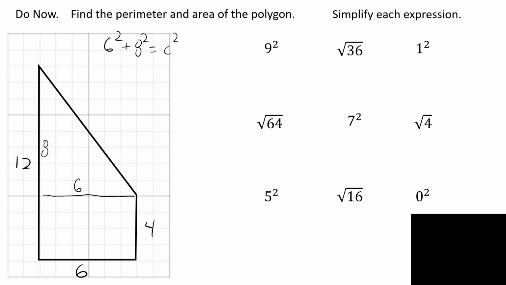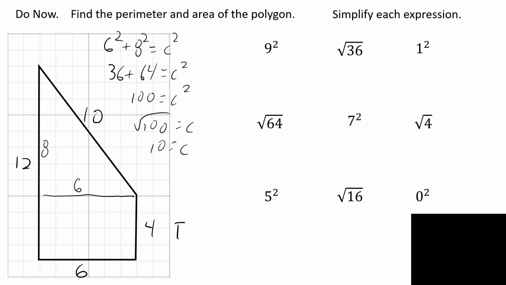6 times 6, 36. 8 times 8, 64. 36 and 64 adds up to 100. Square root of 100, and you get 10. Right?